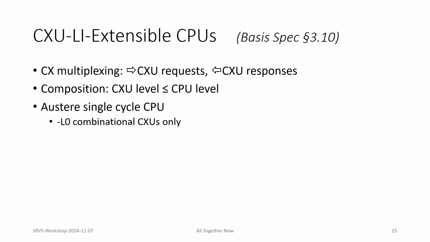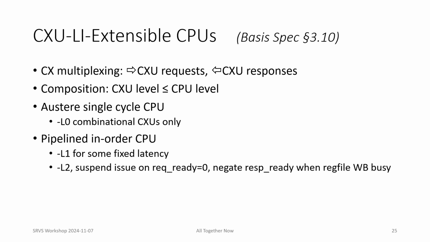For example, an austere single cycle CPU implementing CXU level 0 can only be composed with combinational CXUs, whereas a pipelined in-order CPU might implement level 1 with some fixed latency that all of its CXUs must match. And a complex out-of-order completion CPU might implement level 2 or 3, enabling those more sophisticated CXUs.